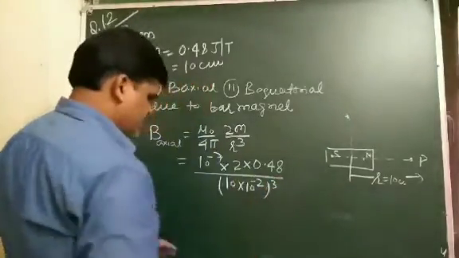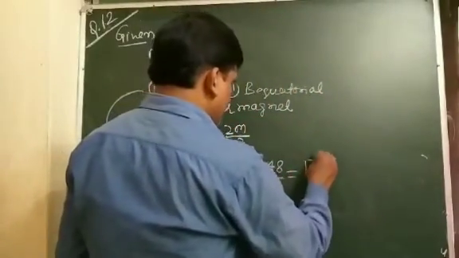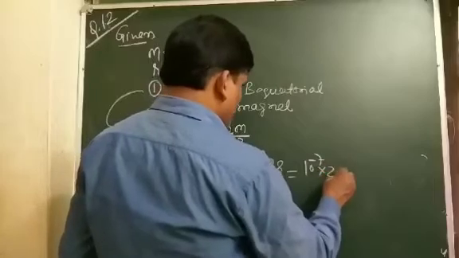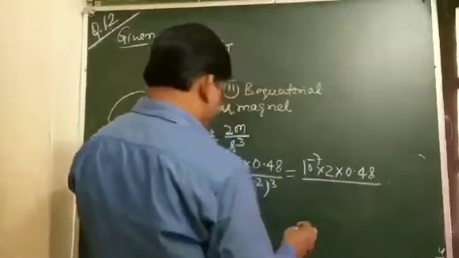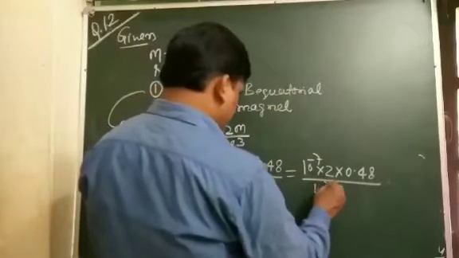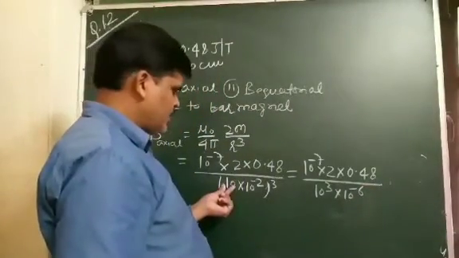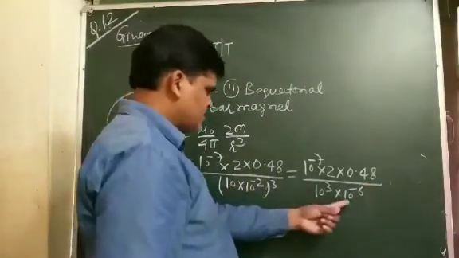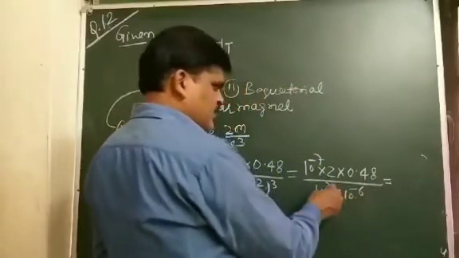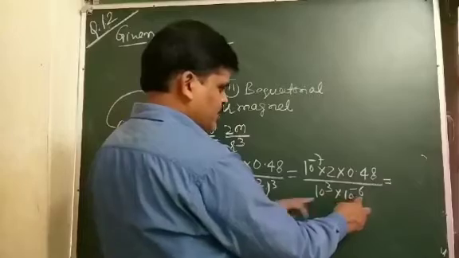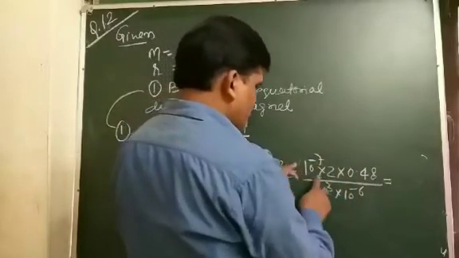So it can be written as 10 to the power minus 7 into 2 into 4.8 by 10 to the power 3 into 10 to the power minus 6. 10 into 10 into 10 is 10 to the power 3, and 10 to the power minus 6. So it can be written as 10 to the power 3 plus 10 to the power minus 3, and 10 to the power minus 3 when it moves to the numerator.